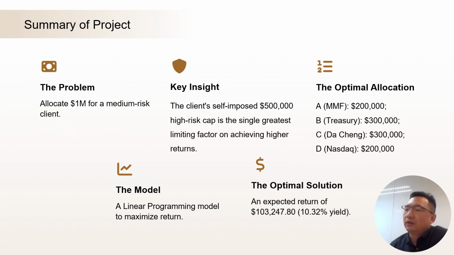Finally, the optimal solution. Our model determined that the maximum possible return under the client's rules is about 103,000, a 10.32% annual yield.